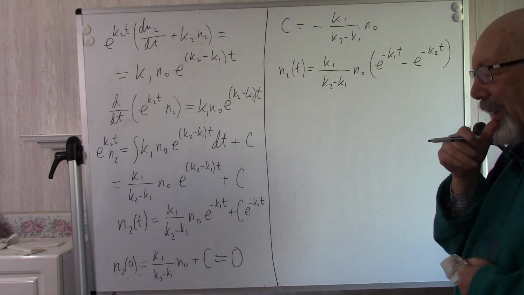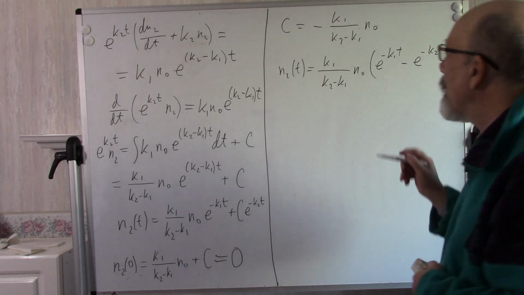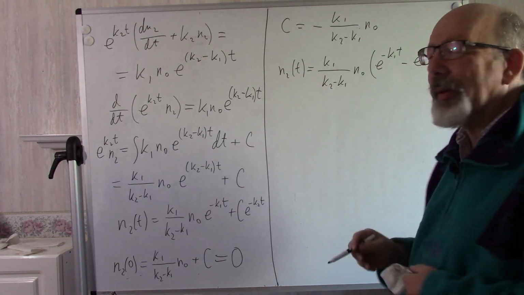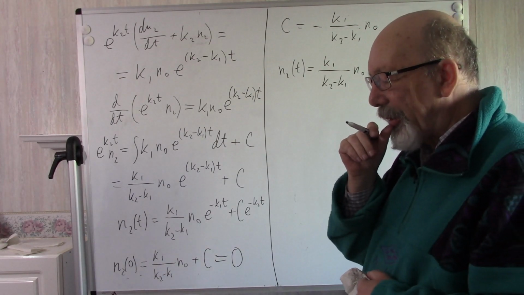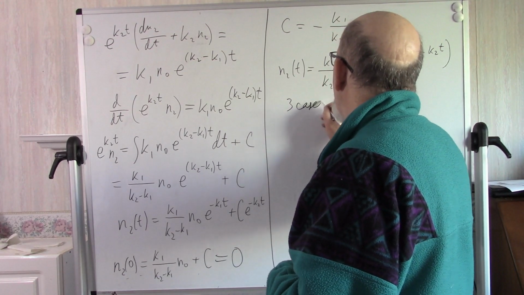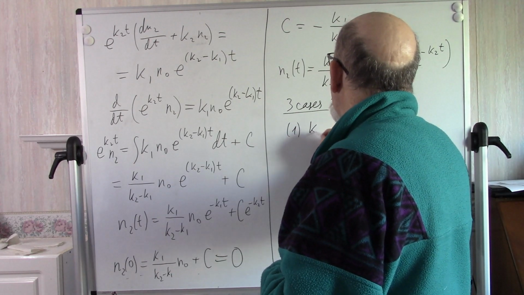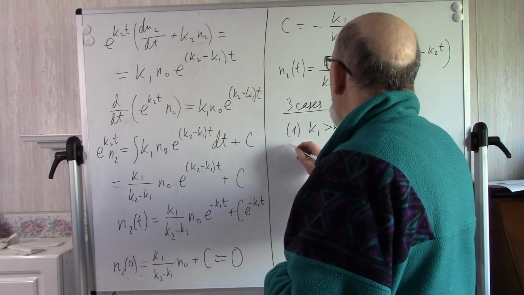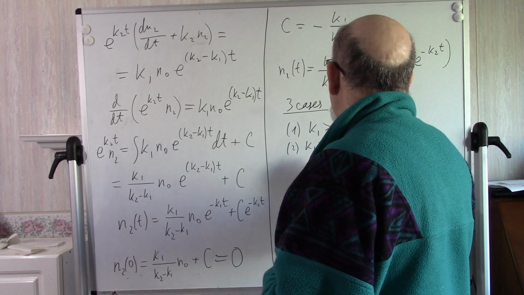Now let me analyze this solution a little bit. First of all, here we have k1 and k2, and k2 minus k1 is the denominator. We can consider three cases. Case 1, k1 more than k2. Case 2, k1 equal to k2.